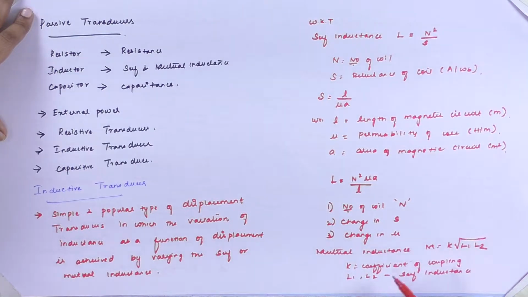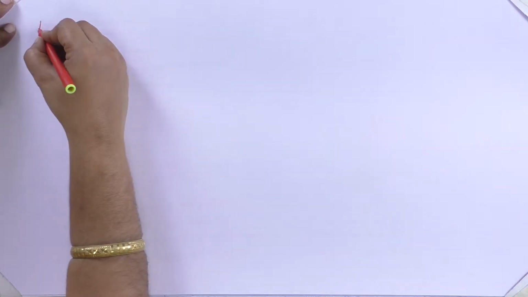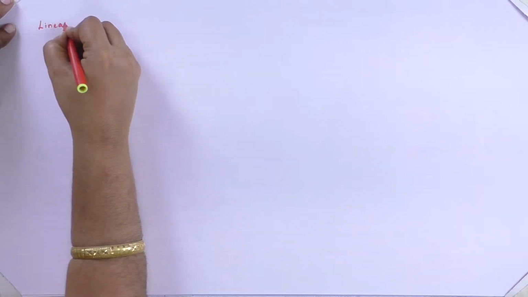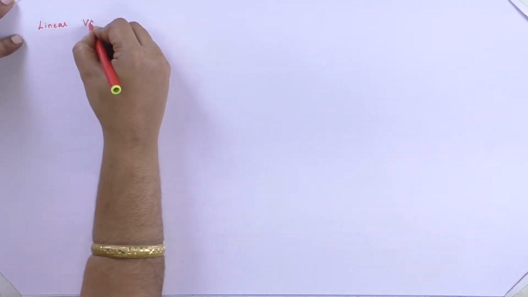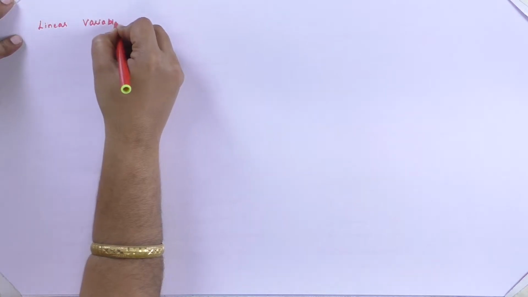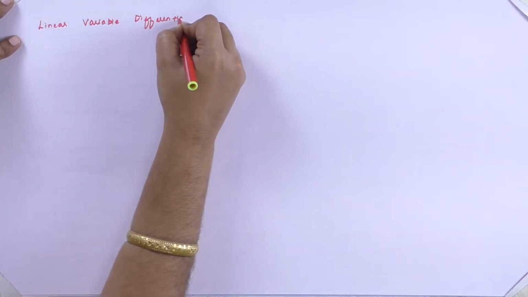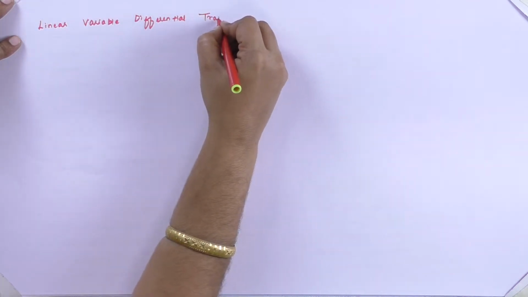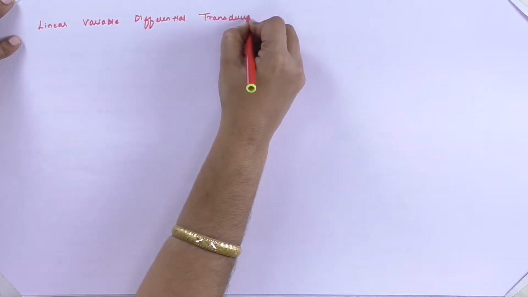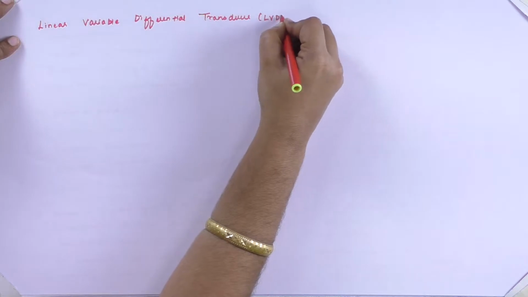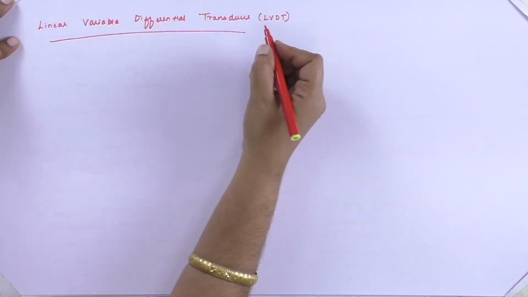Now let us see the most popularly used type of inductive transducer, which is nothing but the linear variable differential transducer. It is generally called LVDT.